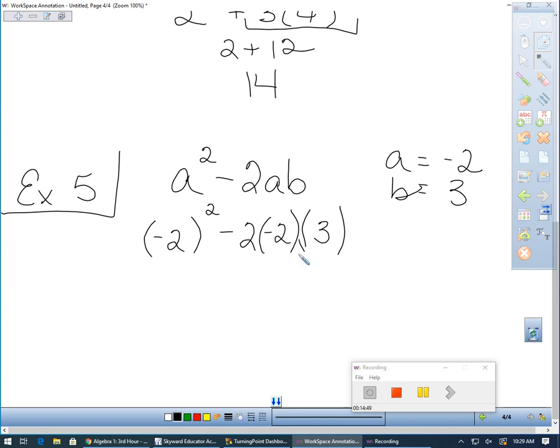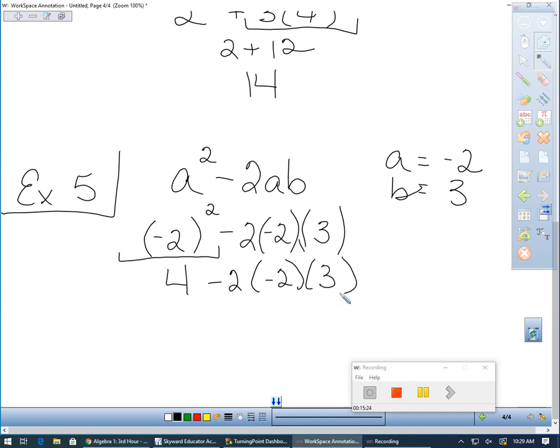So order of operations, what are we going to start with? Well, there's nothing going on in the parentheses, so we're going to go exponents, right? And the only exponent we have is this 2. So in this first spot, we have a negative 2 squared, which is negative 2 times negative 2, which is positive 4. Very good. So I have 4 minus 2 times negative 2 times 3.